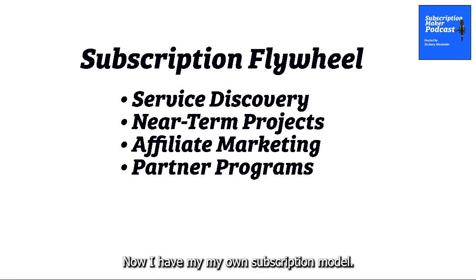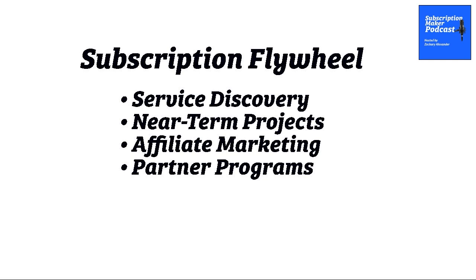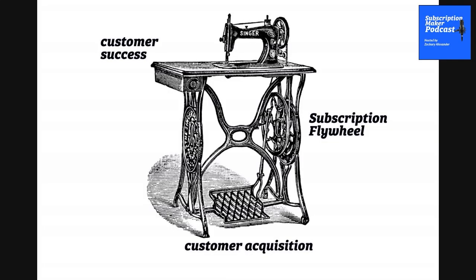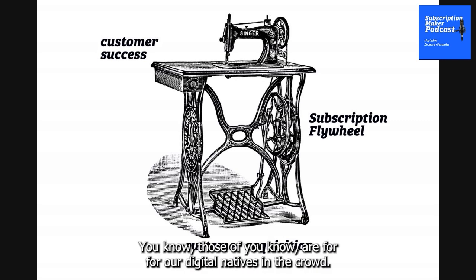Now, I have my own subscription model. Let me show you what it looks like. When I think of a subscription business, this is what I think of. I think of an old-fashioned antique sewing machine. That might be odd for those of you who are digital natives in the crowd.